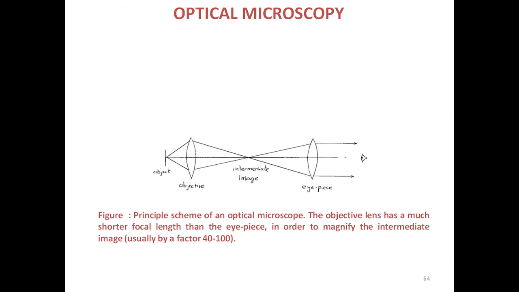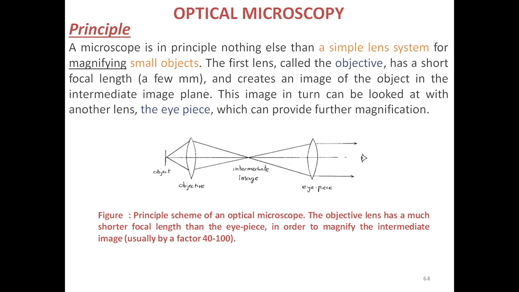Coming to the principle. A microscope is in principle nothing else than a simple lens system for magnifying small objects. The first lens, called the objective, has a short focal length of a few millimeters and creates an image of the object in the intermediate image plane.